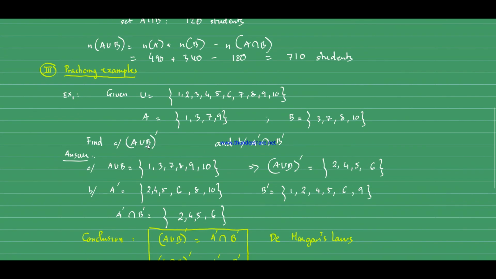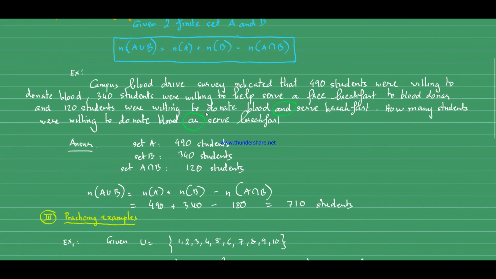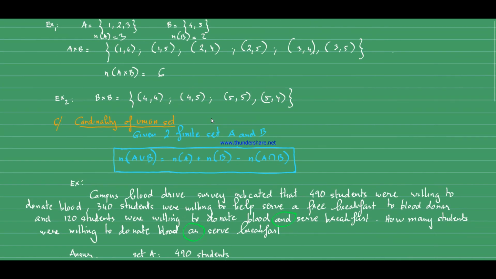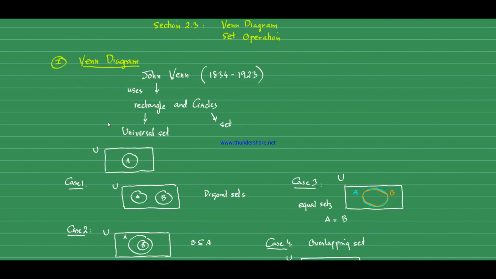We're going to learn how to display that using the Venn diagram very soon, in the next section. Cardinality, union, intersection, Cartesian product between two sets. The Cartesian product is a set. That's the most important thing you need to know. Intersection is also a set. Union is also a set.